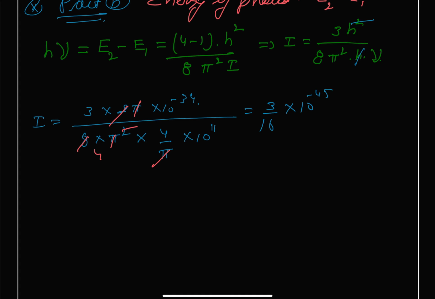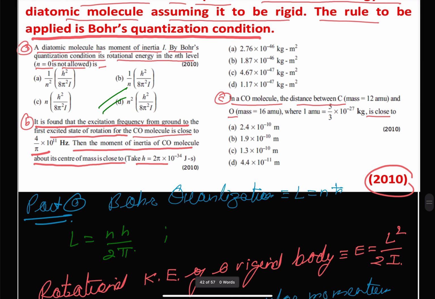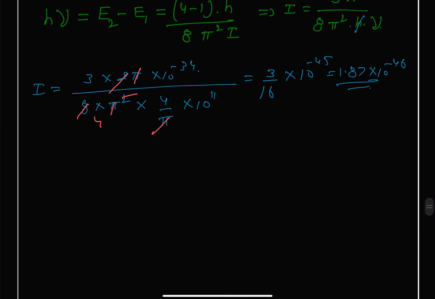This comes as 1.87 into 10 to the power minus 46. So it comes as 1.87. Option B is correct.